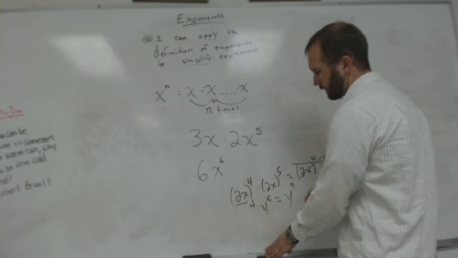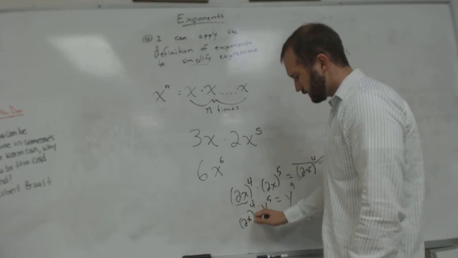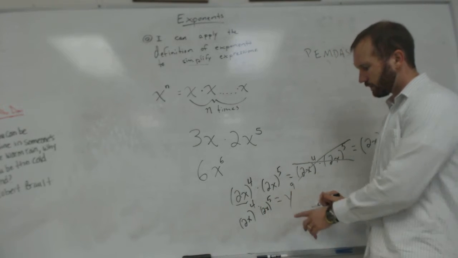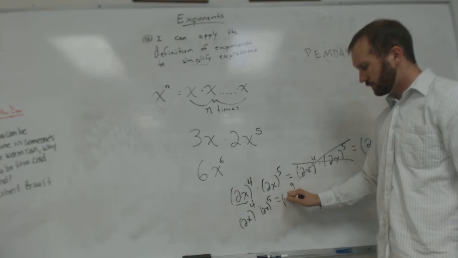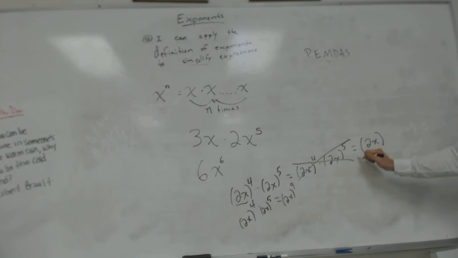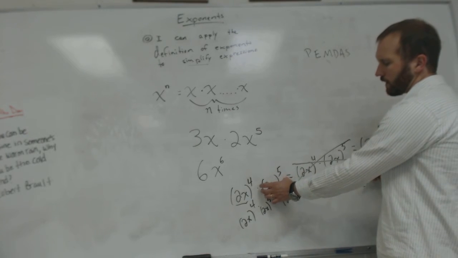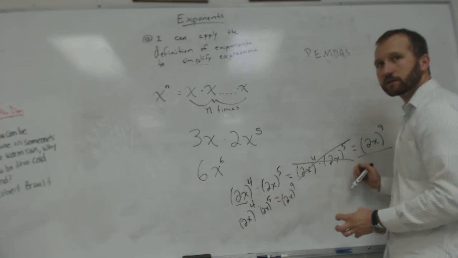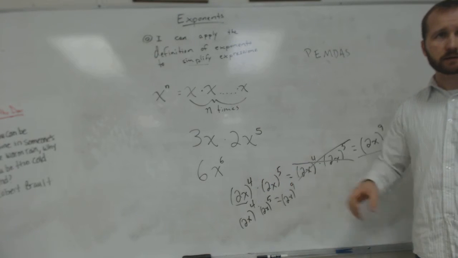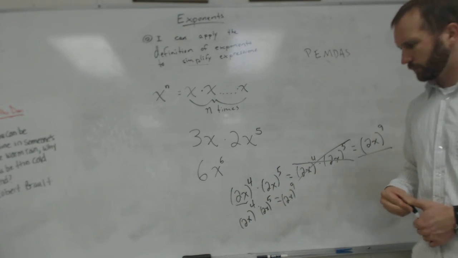What do we get? 2x to the 4th times 2x to the 5th equals 2x to the 9th. So my answer here is 2x to the 9th. Don't let these parentheses throw you off. This is the base. Alright, so I'm just going to leave it like that. Parentheses 2x. Sorry.